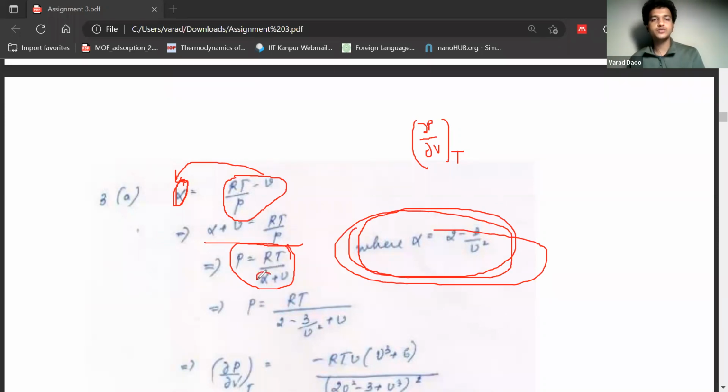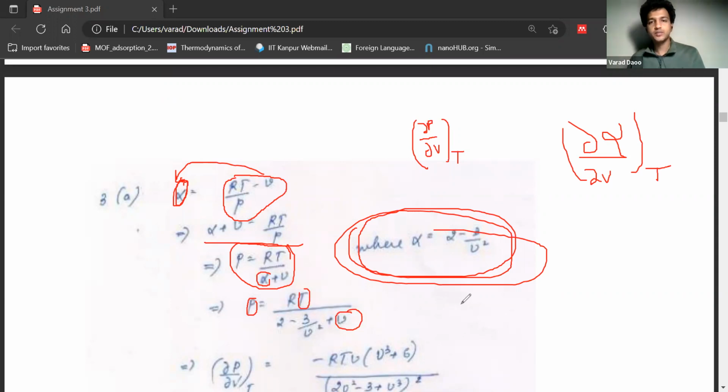Then we substitute, because if we take the partial derivative now, the alpha term will come, like dou p by dou alpha at constant T. So before doing it, we plug in the value of alpha, and now we have everything in p, T, and v. Now we can take the partial derivative.